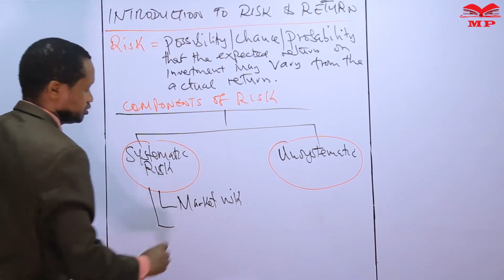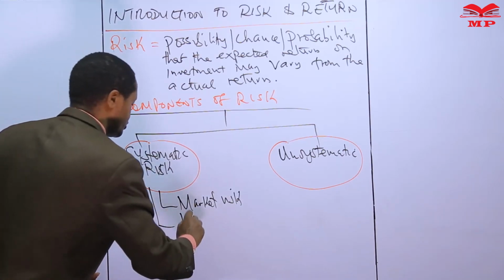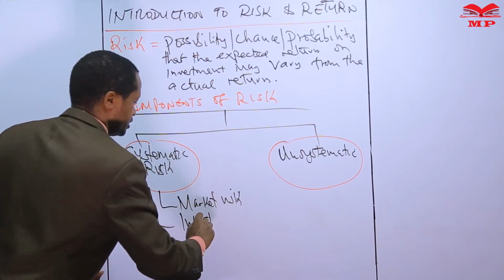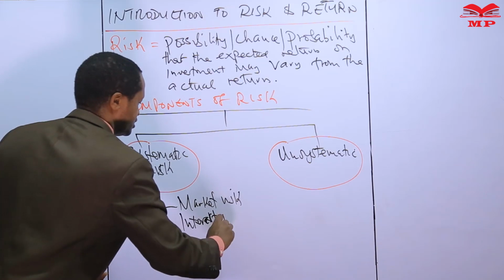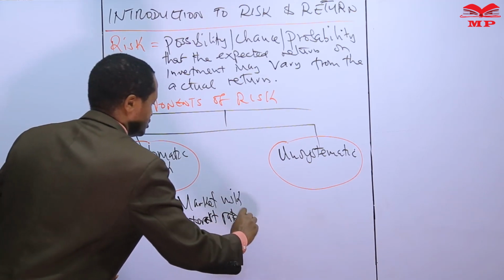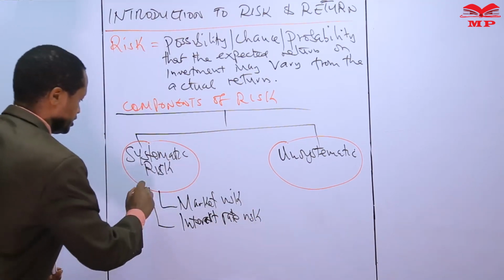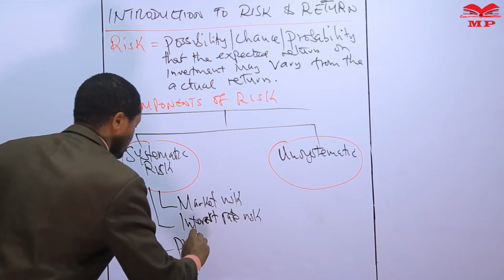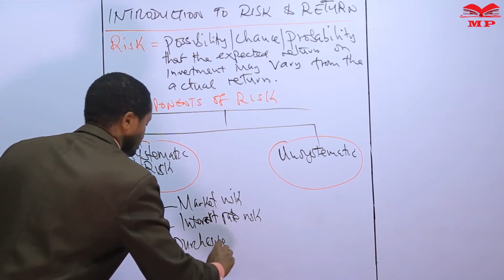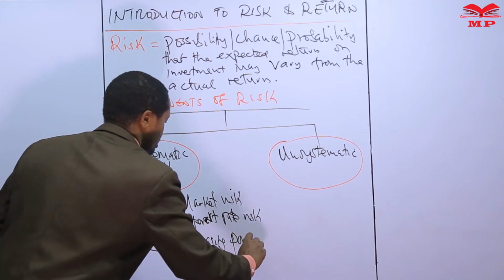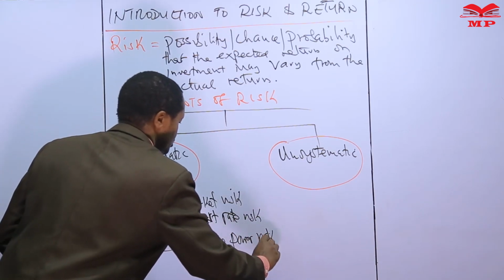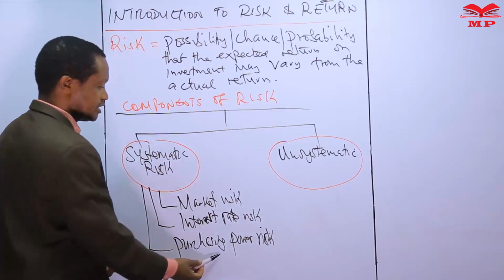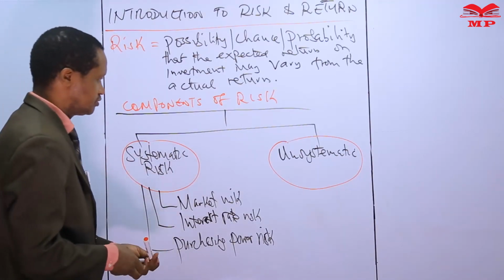Number two, the interest rate risk. And number three, the purchasing power risk, which is occasioned by inflation.